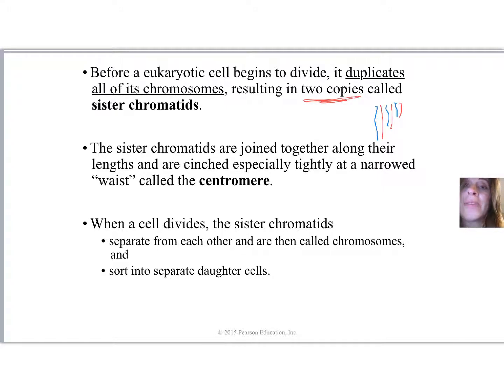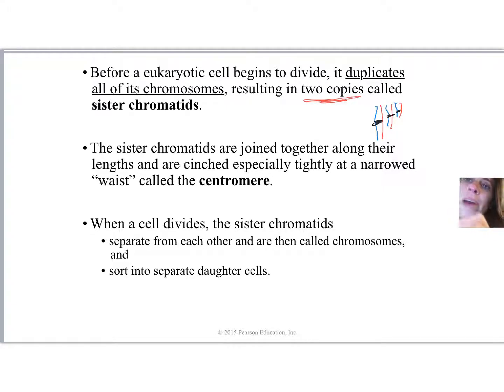Alright, that's good. But now we've got these duplicates. We bundle them in the center at the centromere, right here. Sometimes it's a little more acrocentric, sometimes more telocentric, meaning near the end, so it doesn't always have to be in the middle, but in this case I'm putting them in the middle.